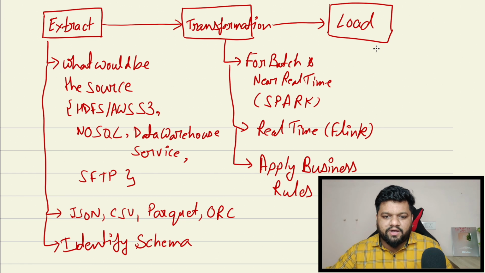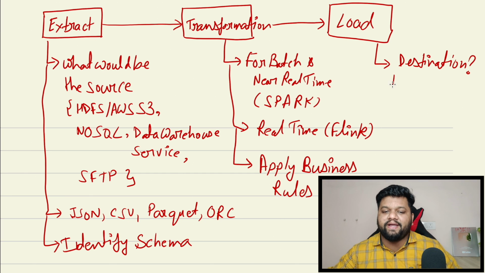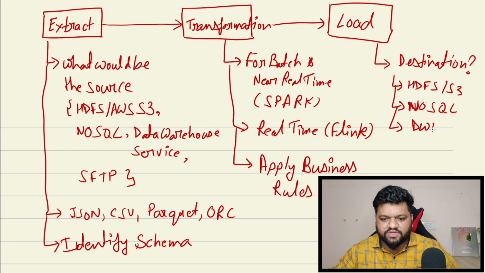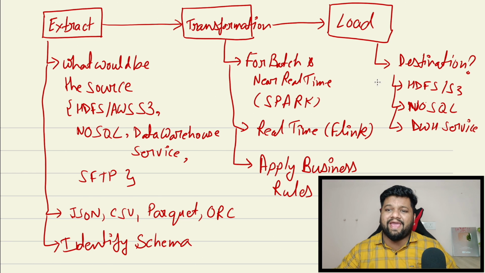In the load part, the question you need to ask yourself is: what will be the destination, where you want to load the data? When it comes to the load part, this transformed data can be stored in HDFS or S3 or any NoSQL database or any kind of data warehousing service, because this will depend on the end use case.